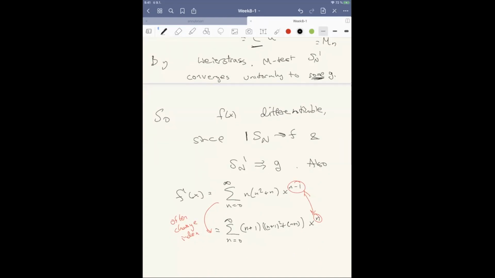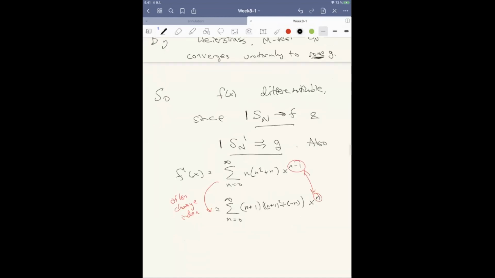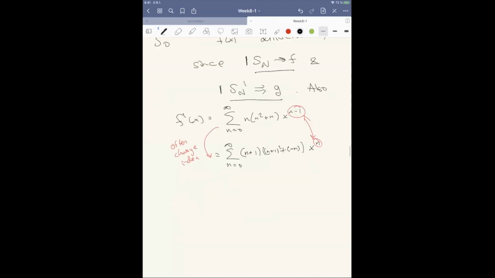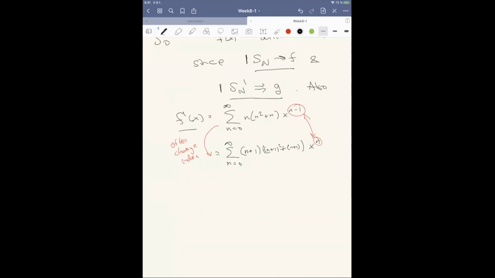And I'll remind you what we have. There are two main ingredients. S_n converges to f, and S_n prime converges to g uniformly. And we also get that the derivative can be expressed as a power series. Usually we want to have x to the n there, so we shift the indices.